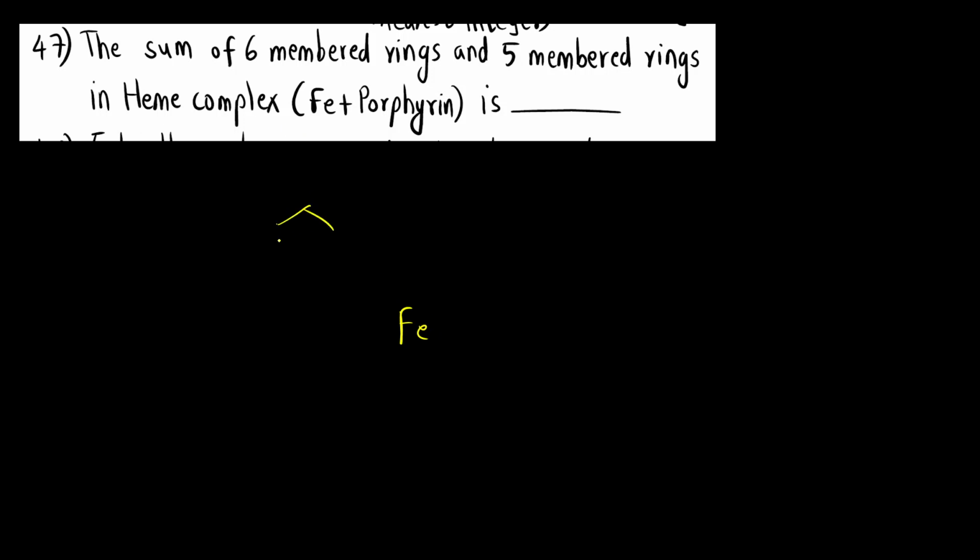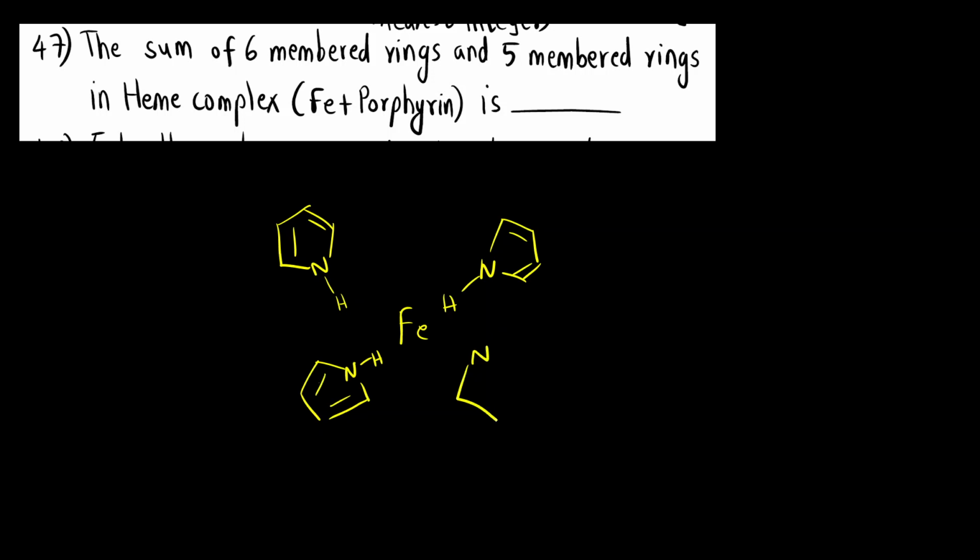You draw 4 pyrrole rings like this. It is a 5-membered ring. Pyrrole, you know the structure of pyrrole. Even if you don't draw it completely, that is fine.